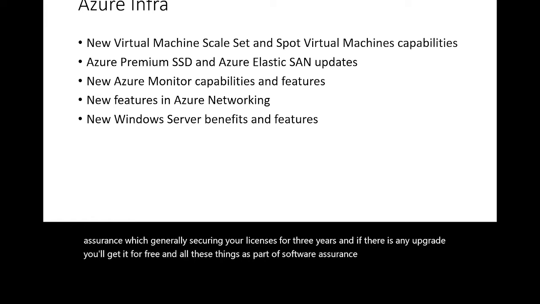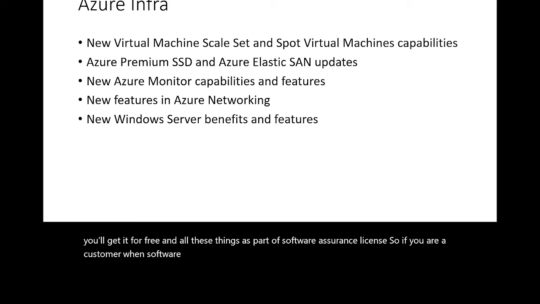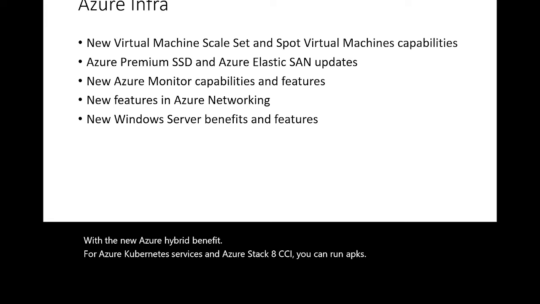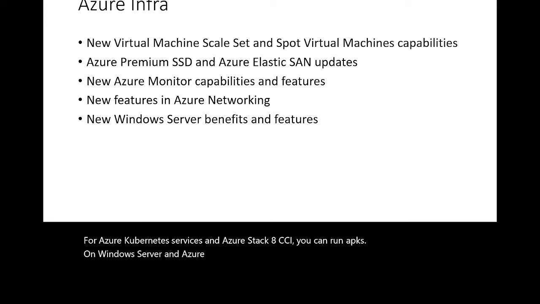So if you are a customer with a Software Assurance license, with the new Azure Hybrid Benefit for Azure Kubernetes Services and Azure Stack HCI, you can run AKS on Windows Server and Azure Stack HCI at no additional cost with Windows SA and Cloud Solution Provider subscription.